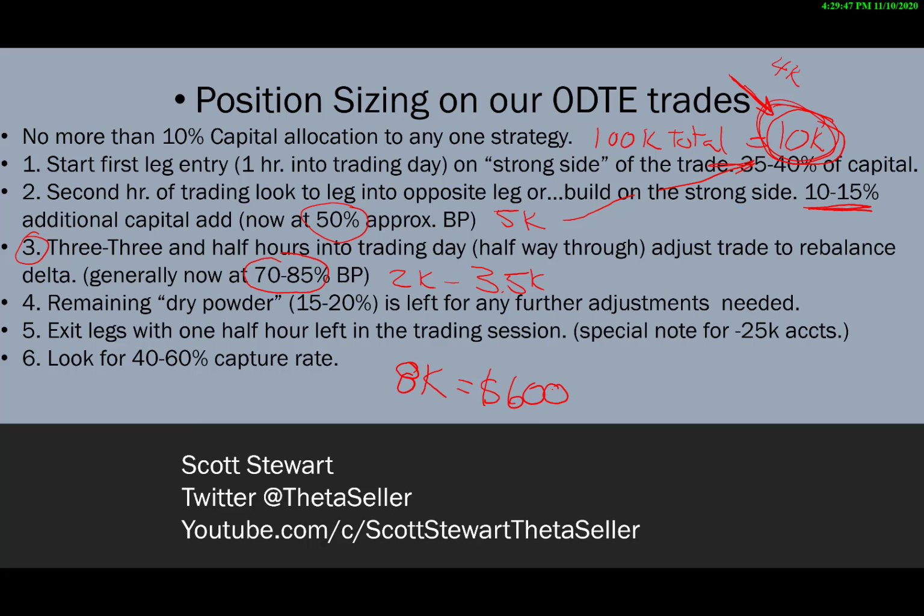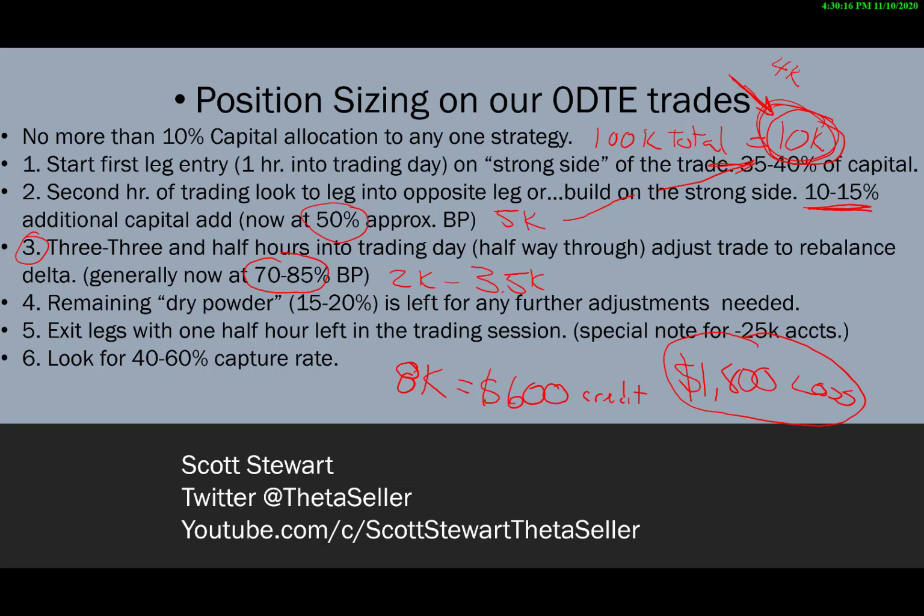But regardless, let's say that we put up $8,000, we bring in a $600 credit on the trade, and the trade doesn't work out. A common number that we use is 3 times our credit. That could be an exit point. That would be a $1,800 loss on the day, right? We don't adjust it, we don't do anything with it, we just take that $1,800 loss. It's 3 times our initial credit, and we are now down $1,800.